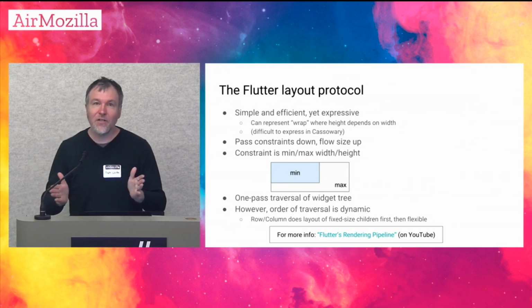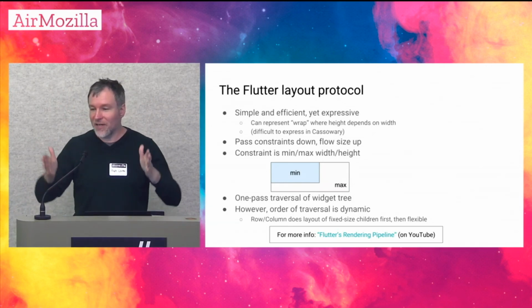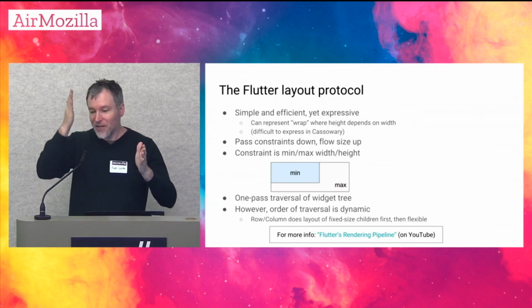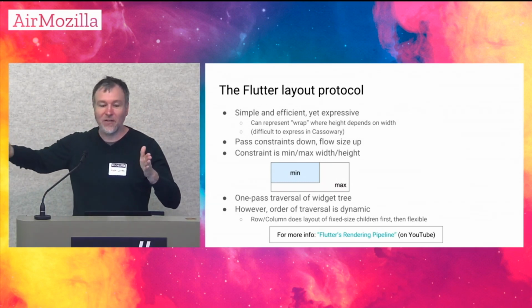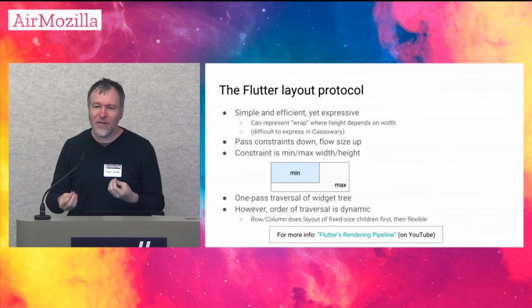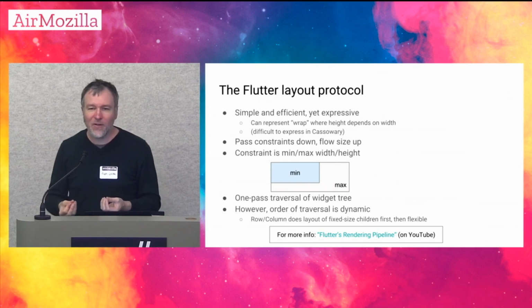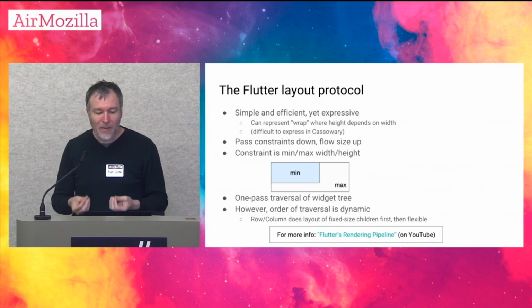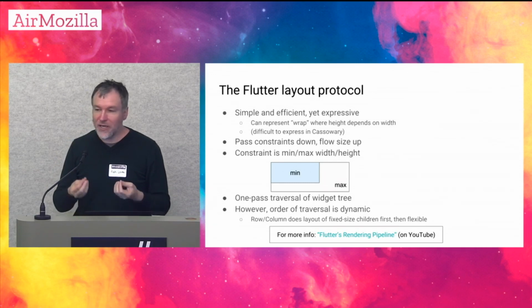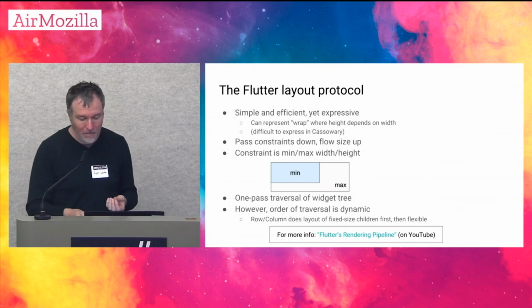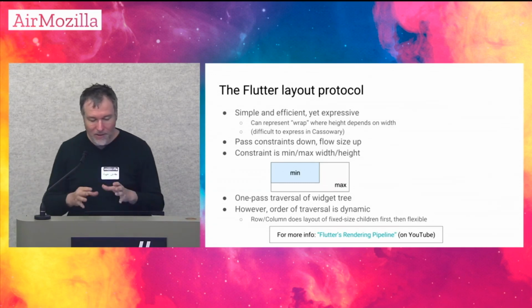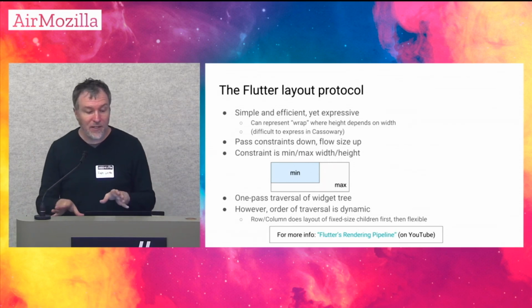So it would be nice if you could do a really simple traversal. For example, when you're painting, you can just say, go through the tree and paint all of your widgets. Doing layout using this Flutter protocol is not quite that simple because the order of the traversal is dynamic, and I'll go into that in a little bit more detail in the next slide.